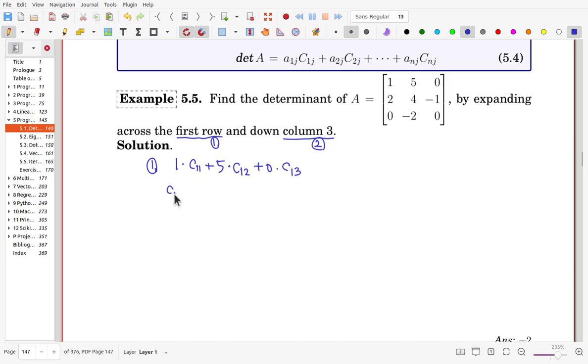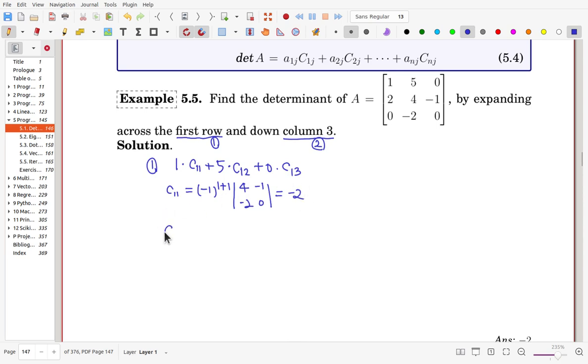C11 is (-1) to the 1 plus 1, which is 1, times the determinant of A11. We eliminate the row and column of that entry. The remainder part is the submatrix A11: 4, -1, -2, and 0. So here this is 1, and that is -2.